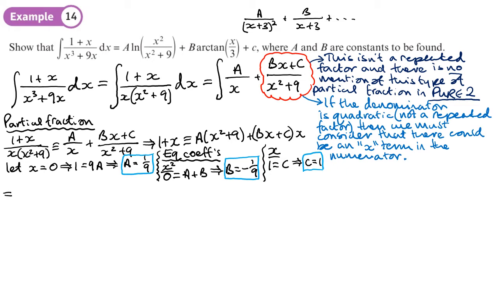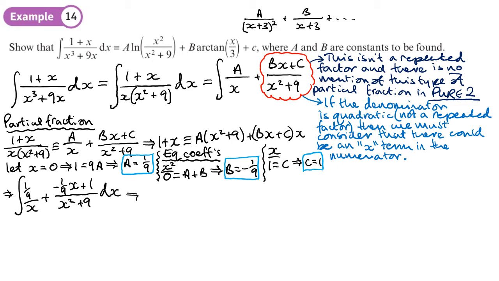So now we're going to be integrating this, so it's going to be 1/9 over x, that's the value of a, because we might move things around in a minute, plus, now b was negative a ninth, so I've basically got negative a ninth x plus c, which is 1, over x squared plus 9 dx.